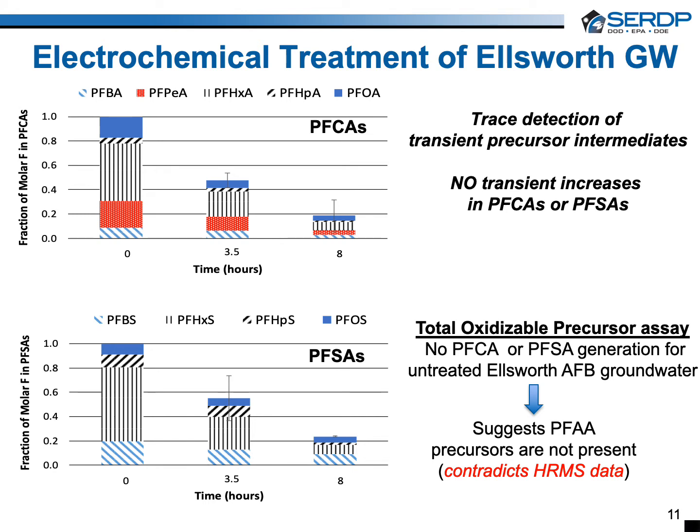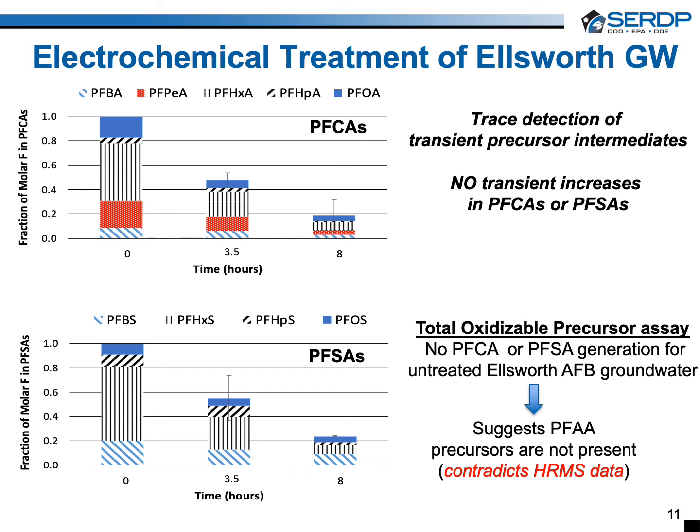Initially we thought, well, maybe the kinetics are different here, and maybe we just missed it. So we did some additional tests and monitored at some shorter times, but there was no transient increase of the perfluorinated carboxylates. This suggests that those polyfluorinated compounds that we know got removed, and got removed very quickly within the first couple hours, weren't ultimately forming these perfluoroalkyl acids, neither the carboxylates nor the sulfonates.